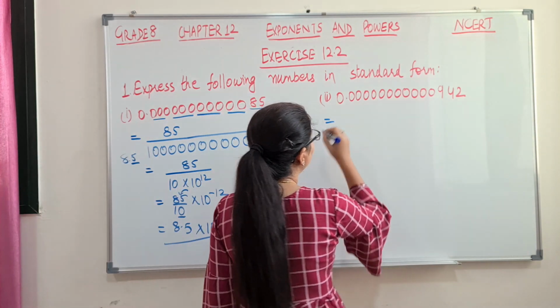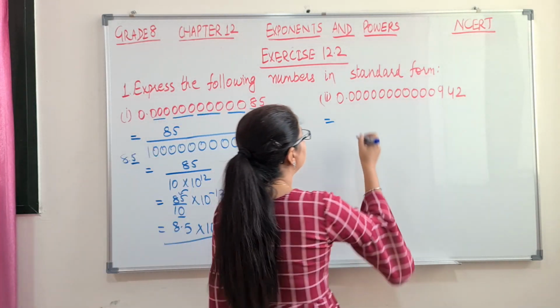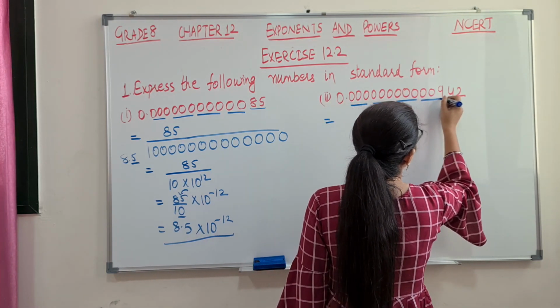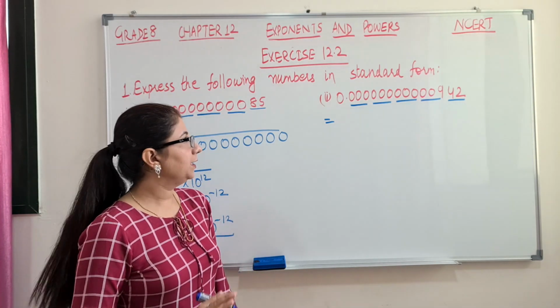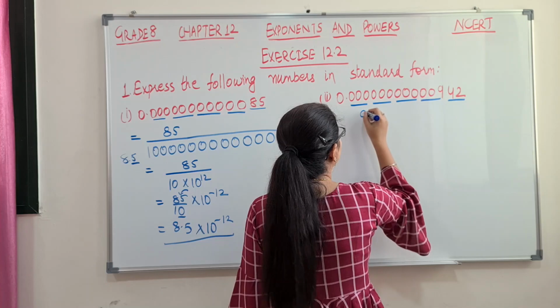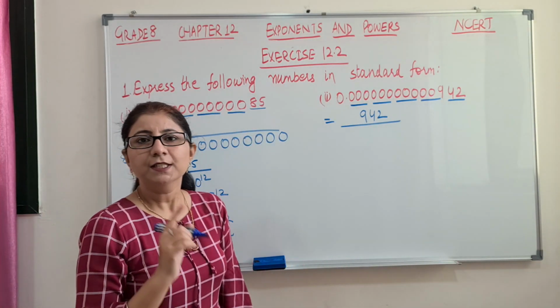This is, again first we will count the number of digits after the decimal. Let's see, this is 3 and 3 is 6, 3 is 9, 3 is 12 and then 2 is 14. So total 14 digits after decimal. So we will write our number, that is 942 over how many zeros? 14.